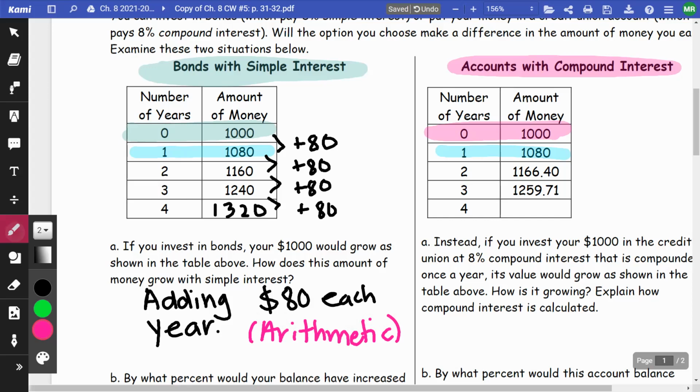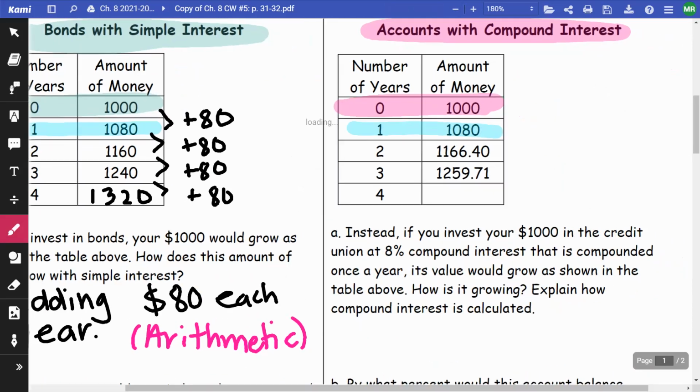So what I'm going to do is I'm going to be looking at what's happening between these. So one way to do this is say, okay, if I'm starting with 1,000, what can I multiply it by? I'm just going to call it X to get 1,080. So if I was to solve this and divide both sides by 1,000, I get 1.08 as my answer.